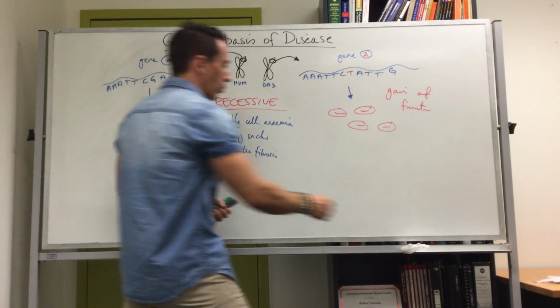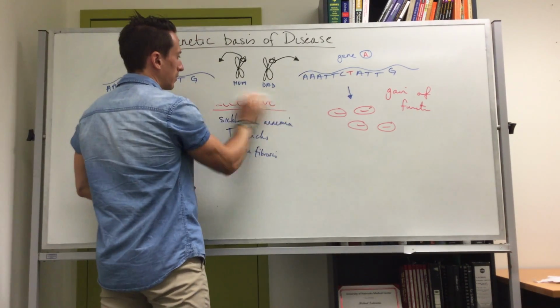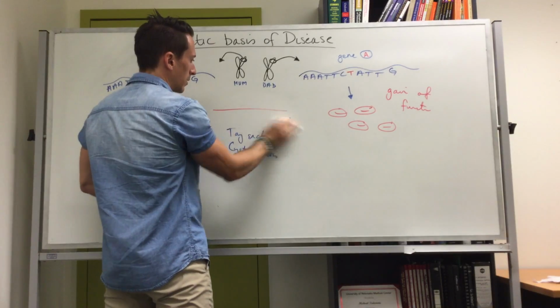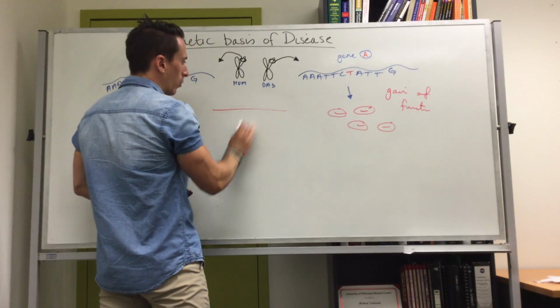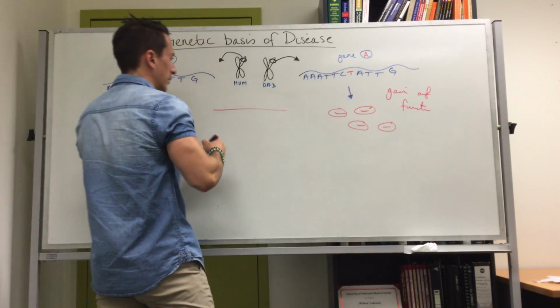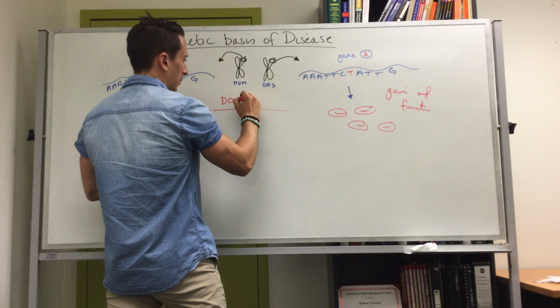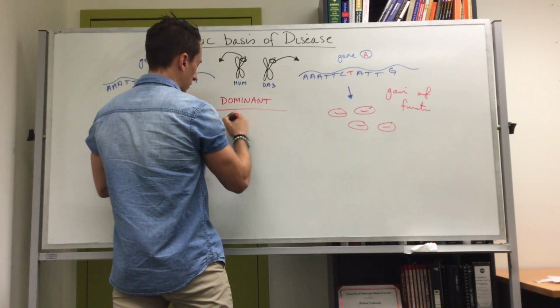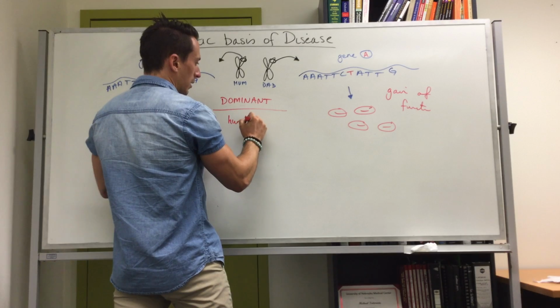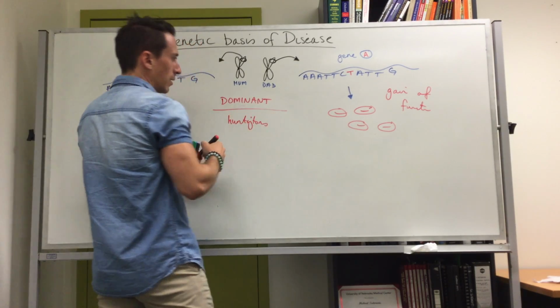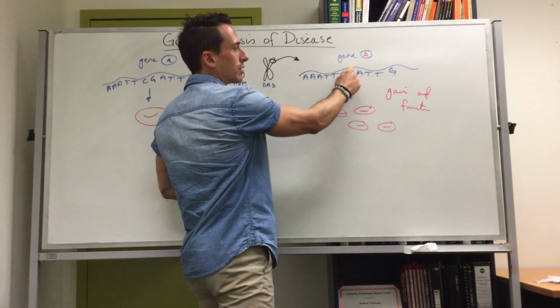So what are some autosomal dominant diseases? Well, there's one major one that I want to bring up, and that's Huntington's disease. In Huntington's disease, it's not a single change like here.